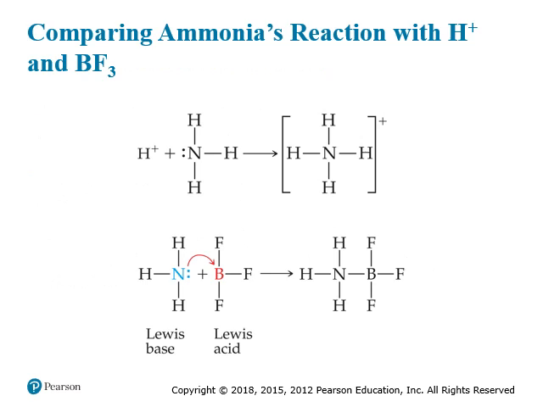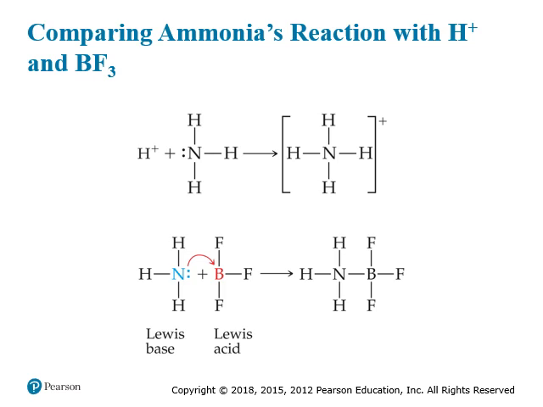Let's take a look at ammonia. Now we know ammonia to be a base. Ammonia has the ability to accept a proton in the form of H plus in order to form the ammonium cation. So based on the Bronsted-Lowry definition, ammonia is a base. But if we look at it from the Lewis point of view, since it has that electron pair, it is able to donate that electron density towards forming a bond.